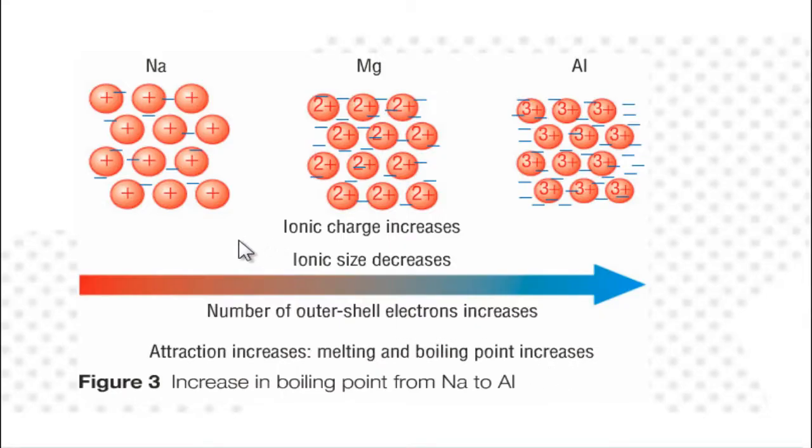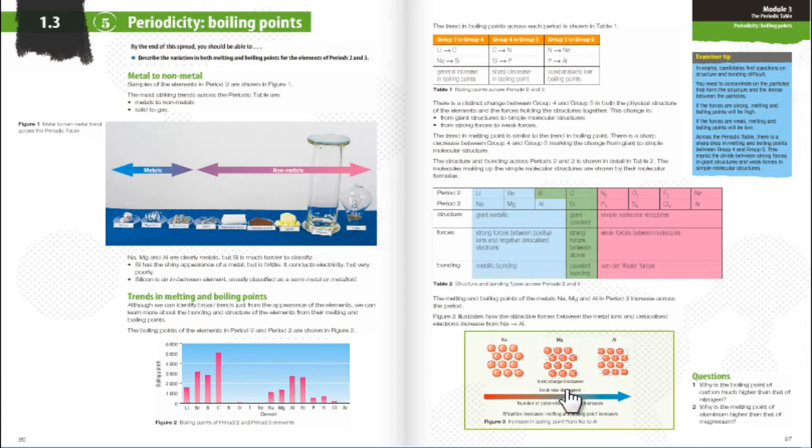So in terms of melting point from sodium to aluminium, if you have more ionic charge, the greater the attraction, and therefore the number of outer shell electrons released increases. So if you have more electrons, then the boiling point is going to increase, but only if the metal is a solid.